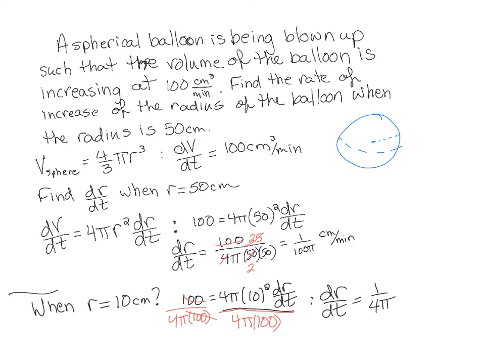Huge difference, right? 25 times faster than when it's out at 50 centimeters. So you can see that when the balloon is small, if you're pumping air into it at a steady rate, the radius is growing a lot faster than when the balloon is big. The volume is still changing at the same rate, but you've got more surface area, so the radius isn't changing as quickly. Cool beans.